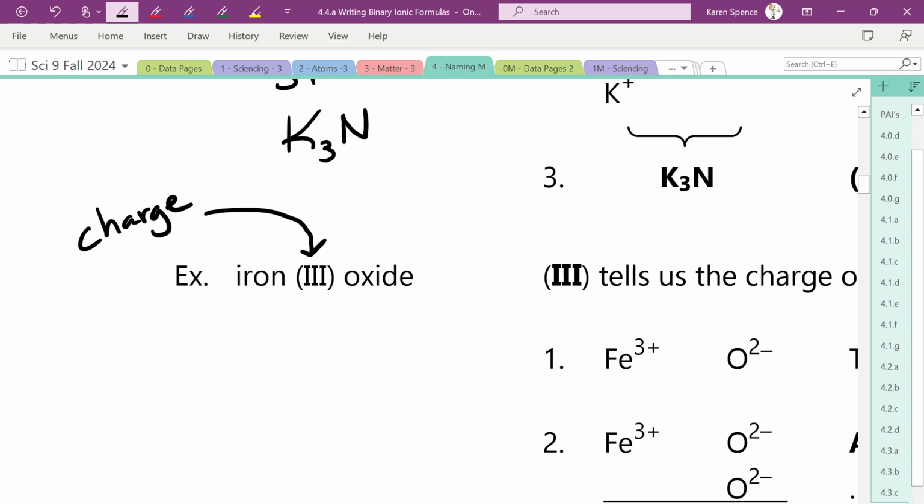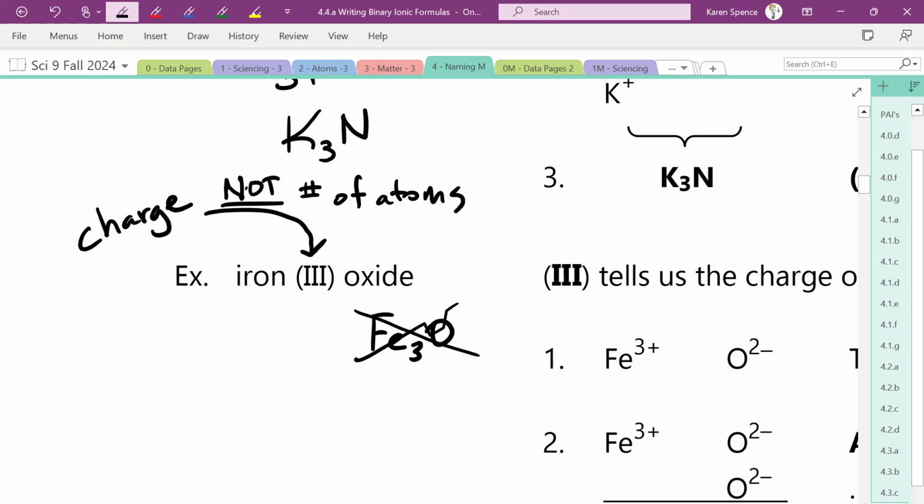Sometimes people read this and they're like, oh, iron 3 oxide, Fe3O. That would be incorrect. It's the charge, not the number of atoms. So I don't want 3 irons. Okay, we don't want that.